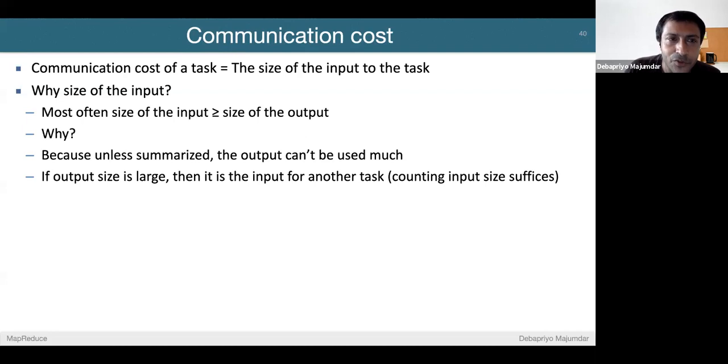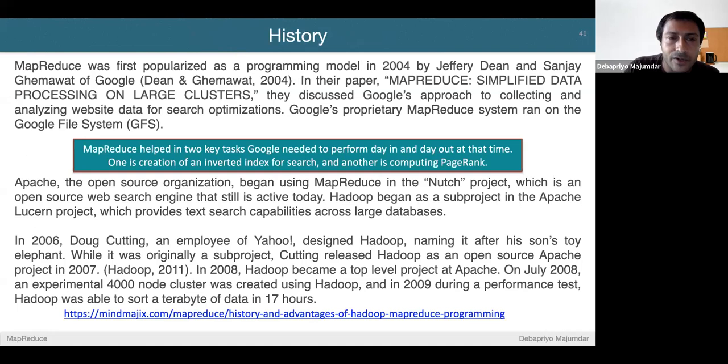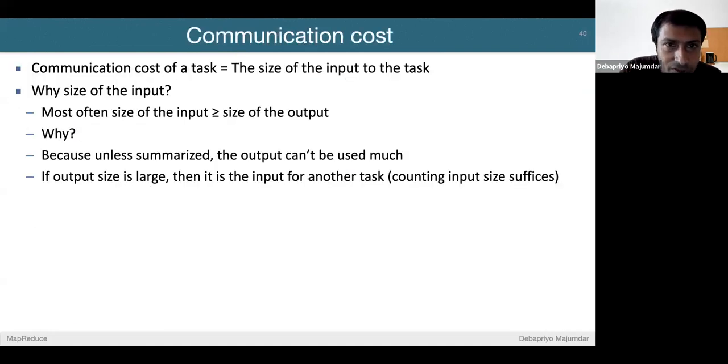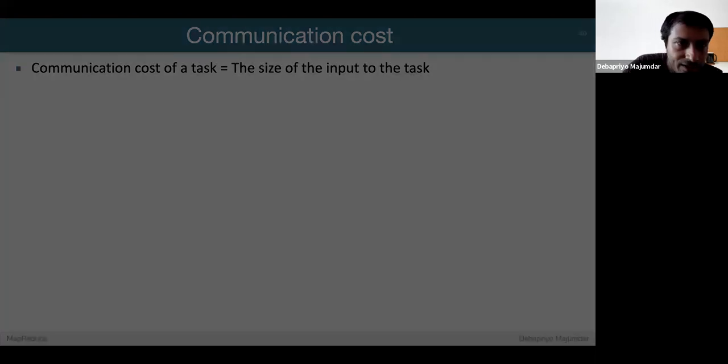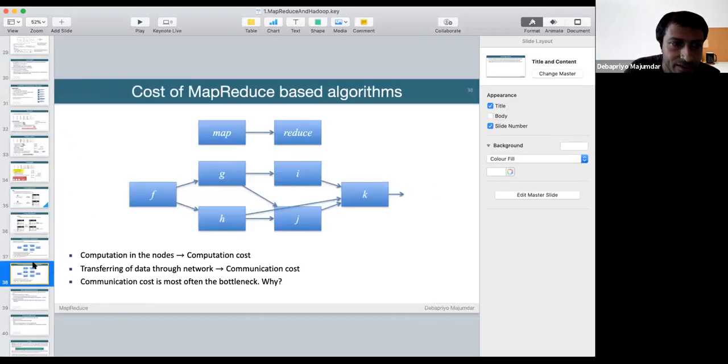So the size of the input is the main thing, because the output is either small or it is the input to another task. This is why the size of the input is the main bottleneck. Let me explain through this picture.